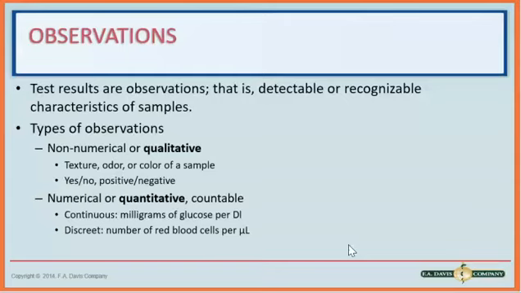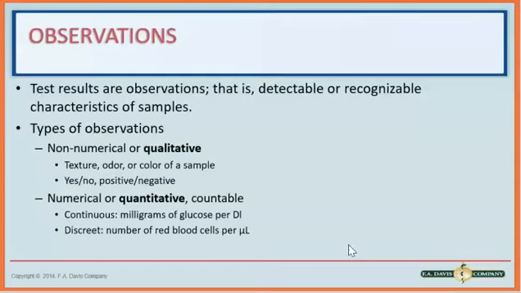And we have some different types of observations, and we've talked about these a little bit in the past. We have two different types of observations that we've talked about: qualitative and quantitative. Qualitative is when you have a result that's not associated with a numerical number.